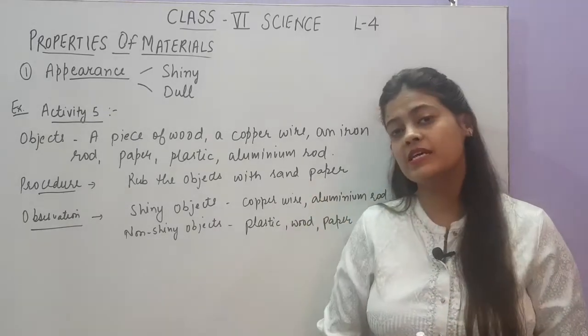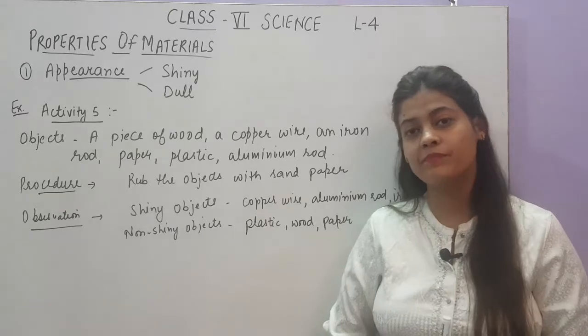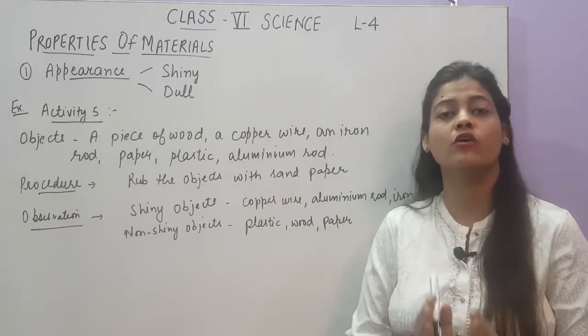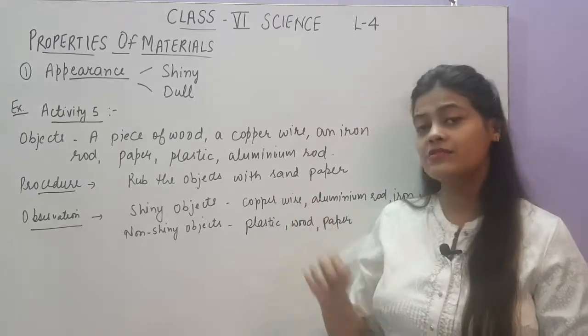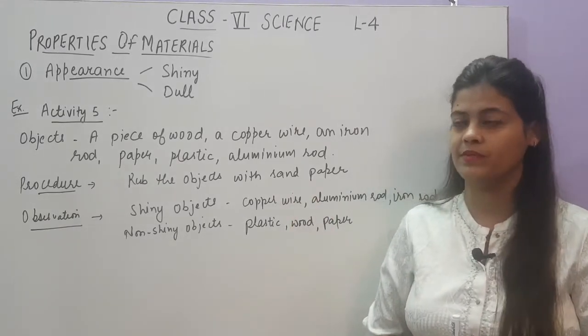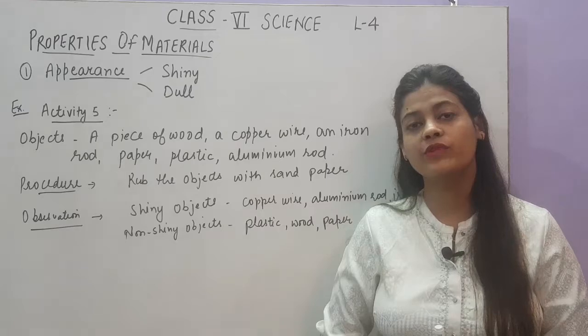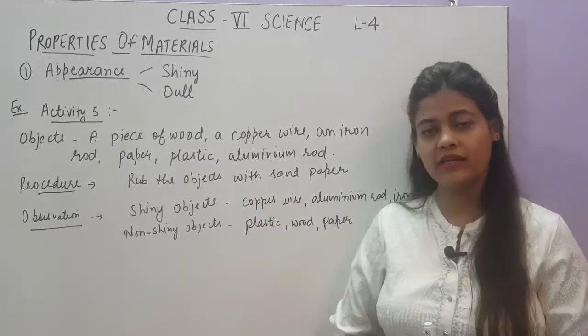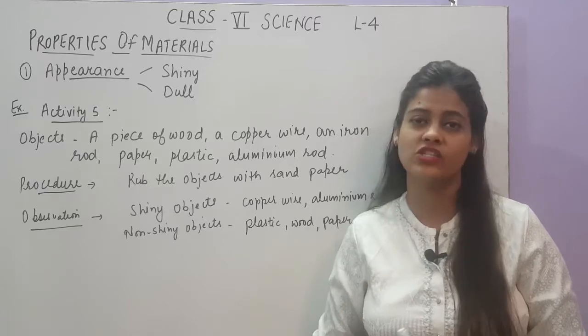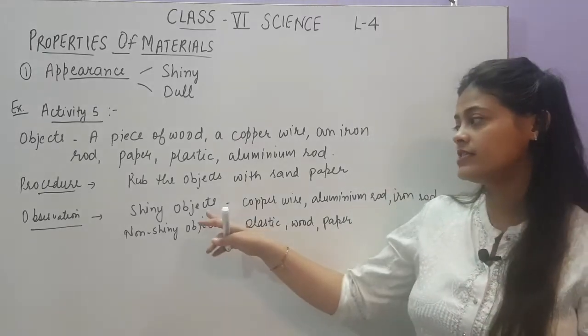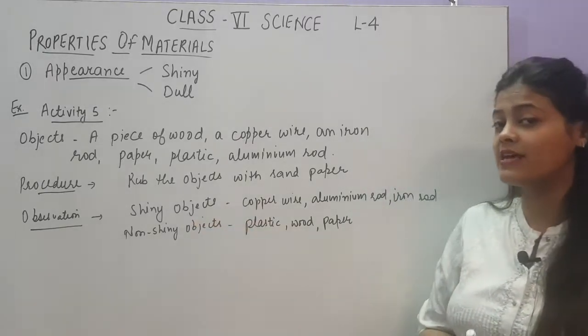So after rubbing it with the sandpaper, the actual material will be visible to us. That is why we are rubbing it with the sandpaper. After rubbing each and everything, now we will see the result. How can we find whether the thing is shiny or dull? So let's see the shiny objects after rubbing.